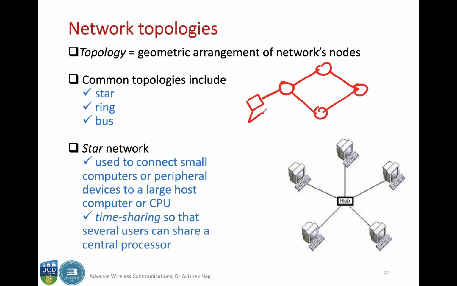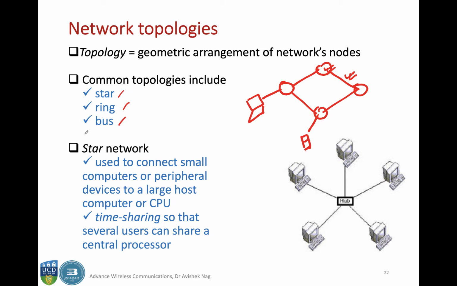Let's say your computer or PC, or it can be your mobile phone. So this arrangement of the nodes and the links is actually called a topology. It's the geometric arrangement of the network's nodes. Common topologies include star, ring, and bus.